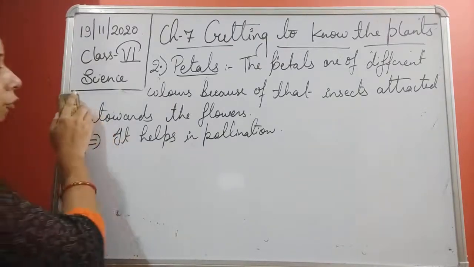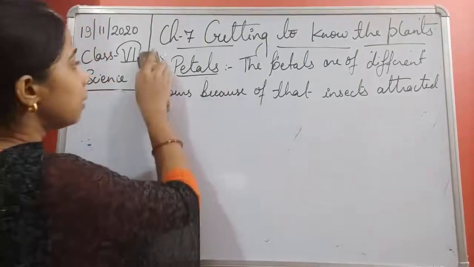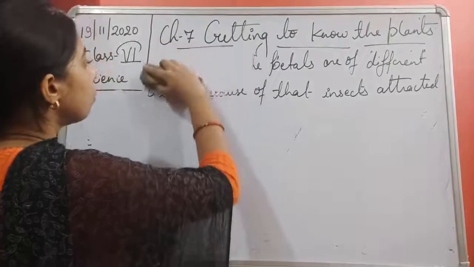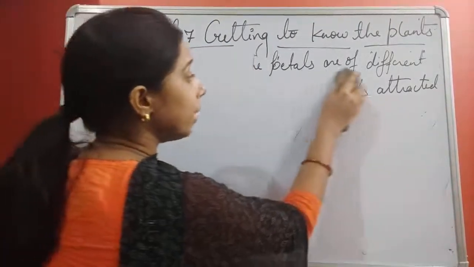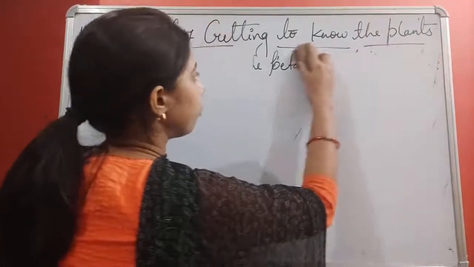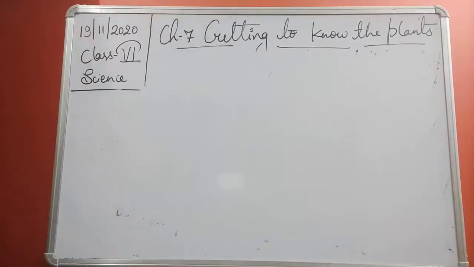Now we will move to the next one, student, and the next part of the flower is the male part. When you look at the petals, they enclose the reproductive part of the flower, because inside the petals only the reproductive organ of the flower is there.